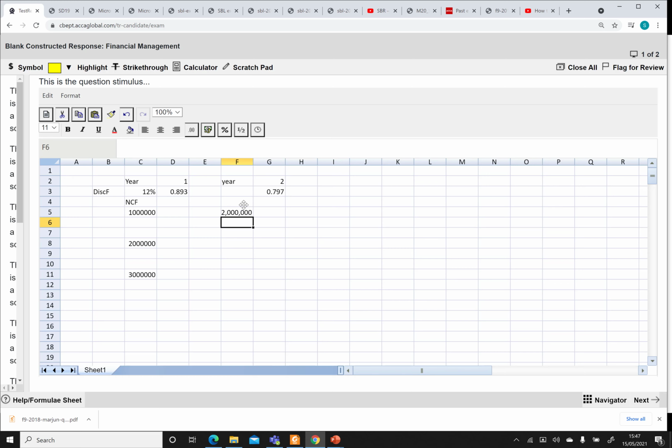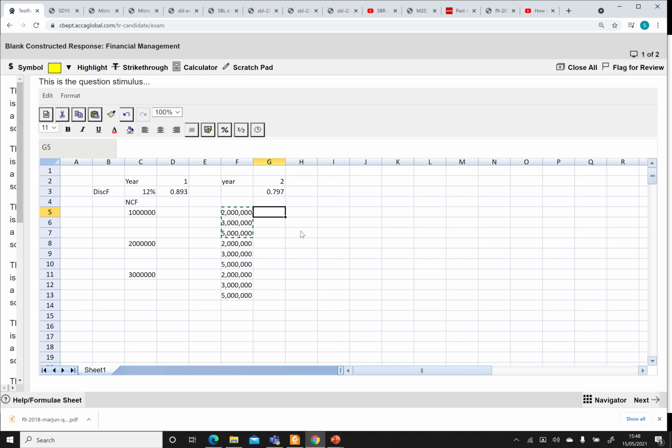We could have 3 million. Or we could have 5 million. And what we can do with those figures is we can just repeat them and repeat them, if the system is going to allow us to.